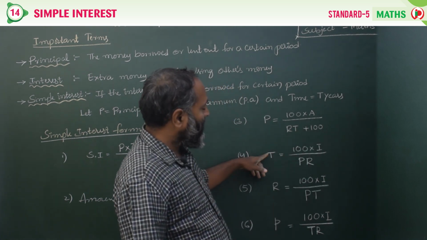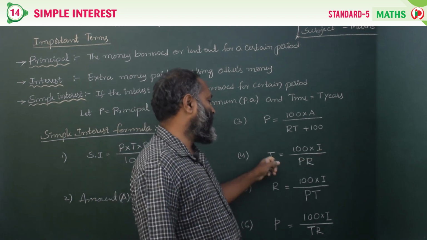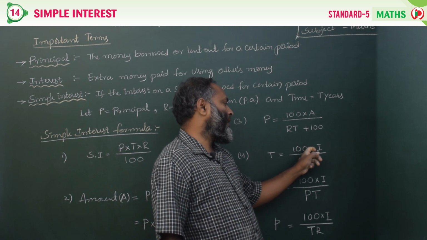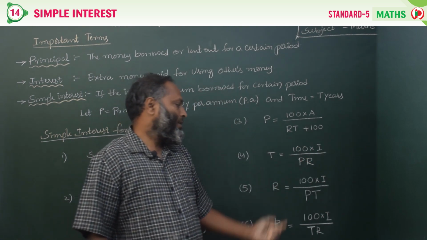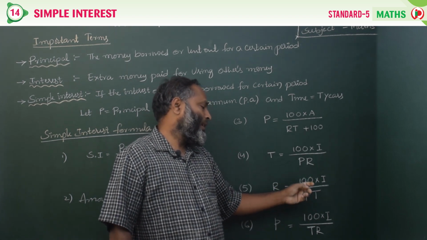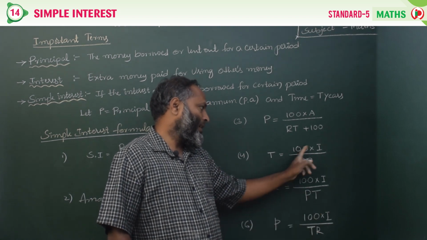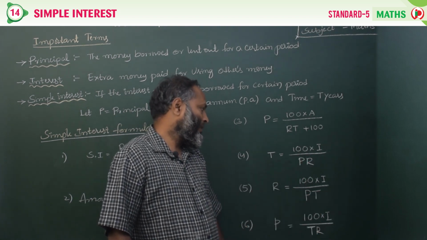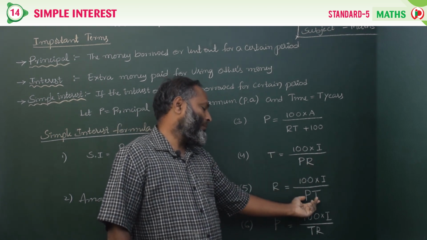Then if you know P, R and I, how to find T? 100 into I by PR. If you want to find rate of interest, then 100 into I by PT. If you want to find P, 100 into I by TR. In PTR, if T is required, then you will take PR here. If R is required, then you will take PT here.